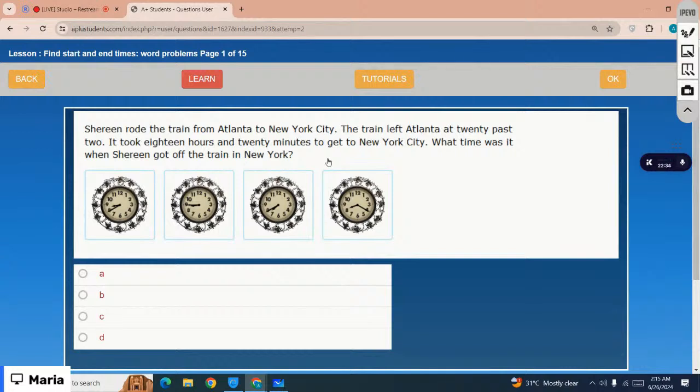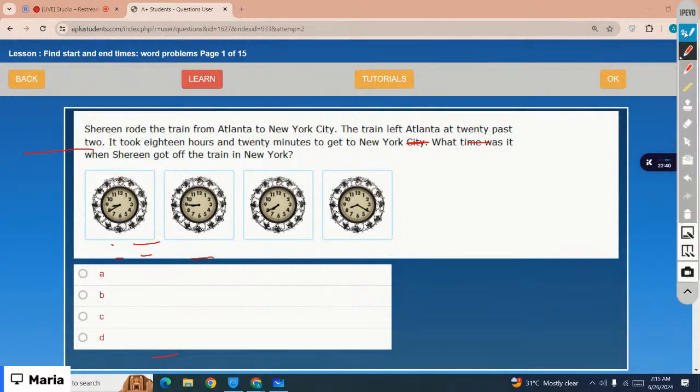Okay, the train left Atlanta at 20 past 2, right? That means the train left at 2:20. It took 18 hours and 20 minutes, so you have to add 18 hours and 20 minutes. 18 plus 2 makes 20.